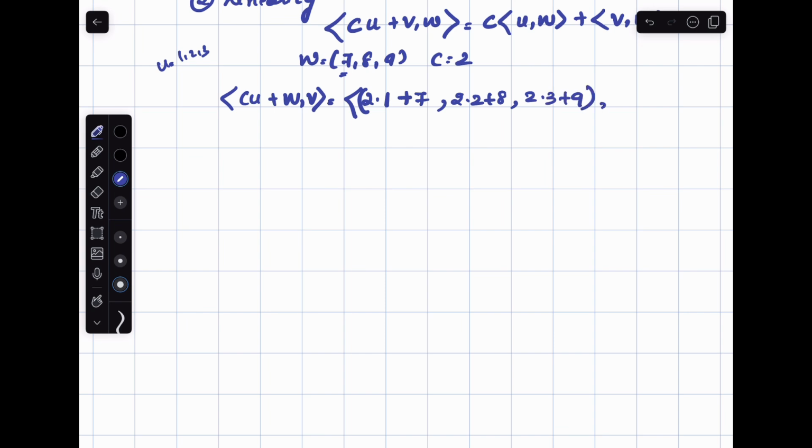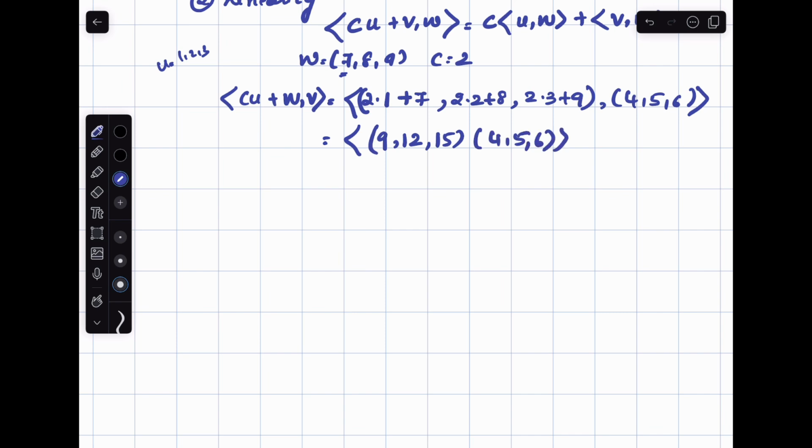All right, next what is v, 4 5 6. So let me simplify the inner parentheses. It is 9 comma 12 comma 15 inner product 4 comma 5 comma 6.